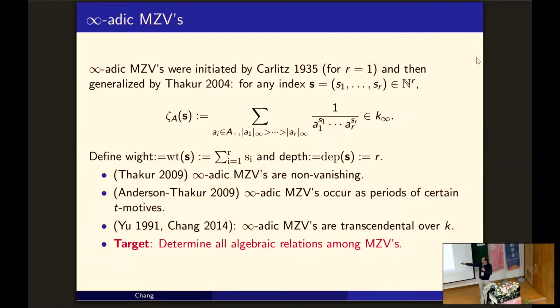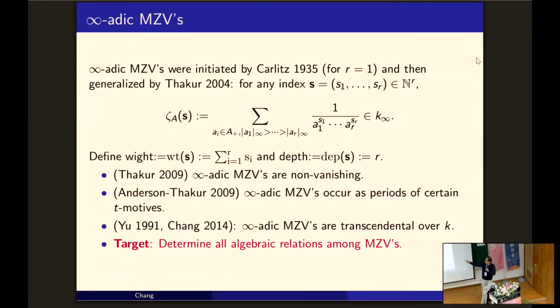A_plus is the analogous set of positive integers. So you consider all a_i, but with the restriction that the degree of a_1 is bigger than the degree of a_2, and so on. And we can define the weight and the depth, as in the classical case.